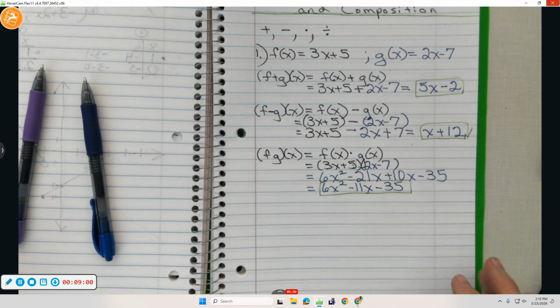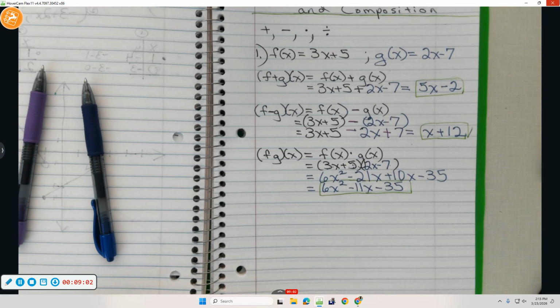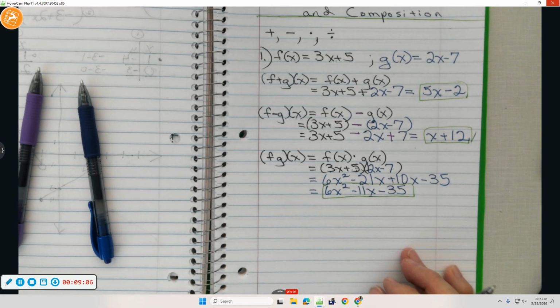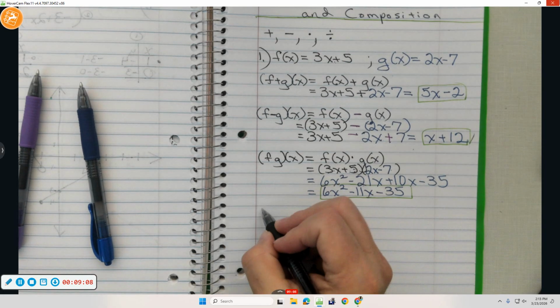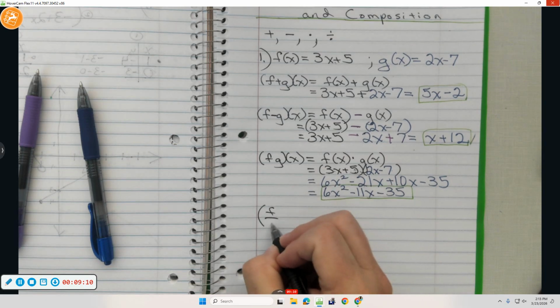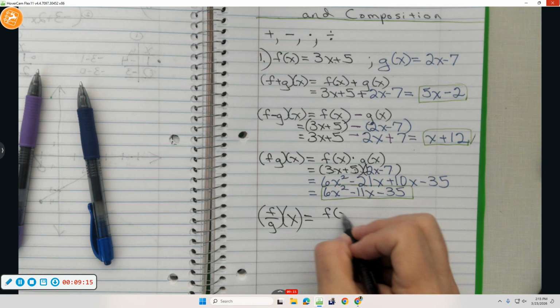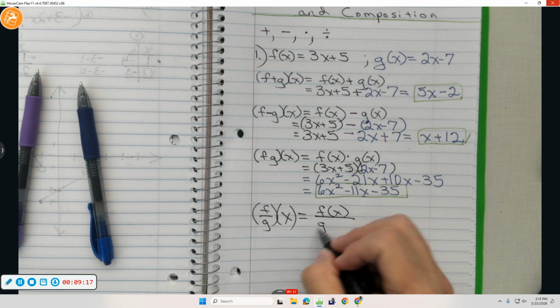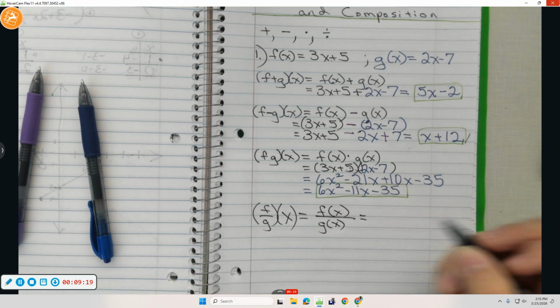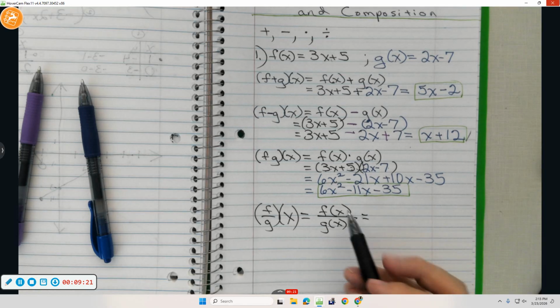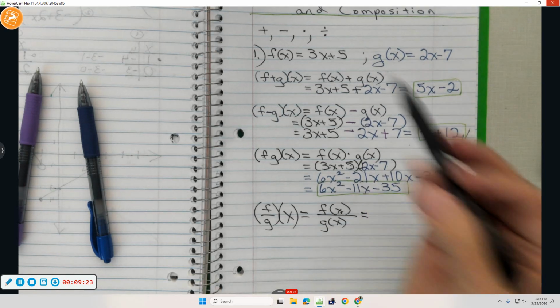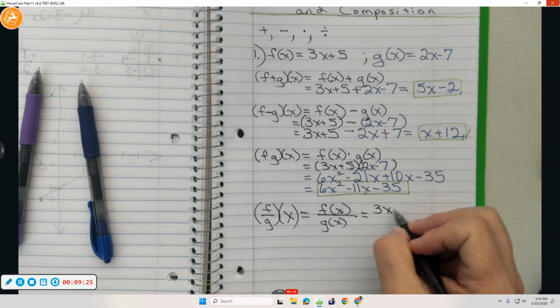Well, everyone knows that division is the hardest, right? So let's see. Of the four operations, addition, subtraction, multiplication, and division, f divided by g. That means you're going to take f of x on top and put g of x on the bottom. F of x, they gave us, was 3x plus 5.